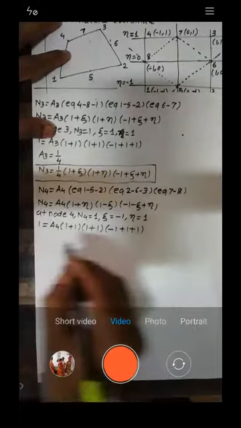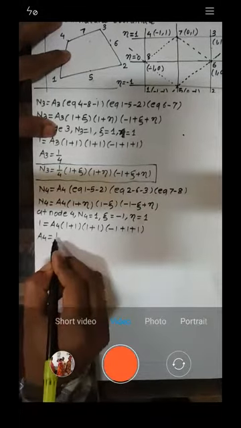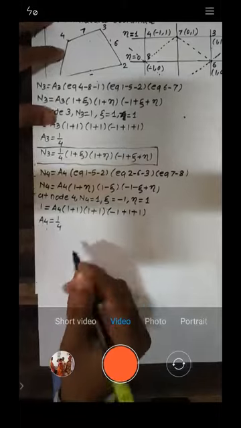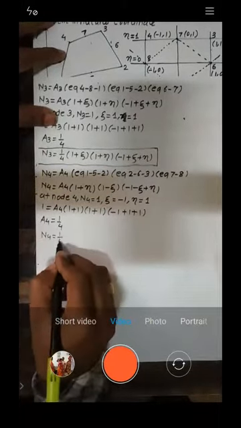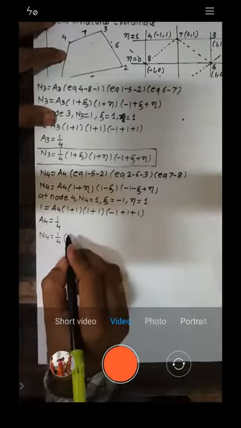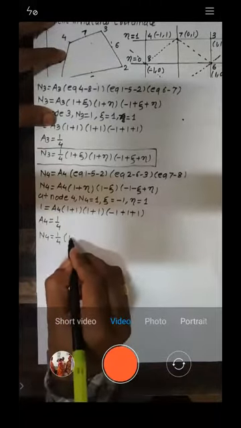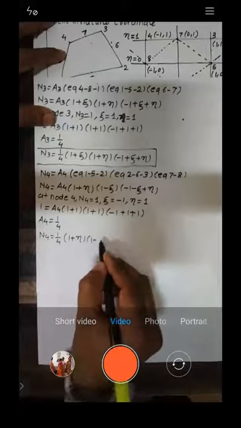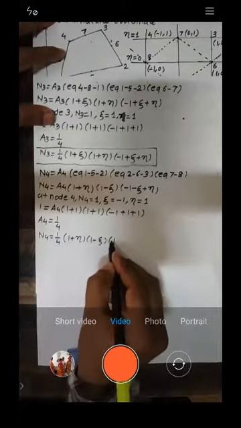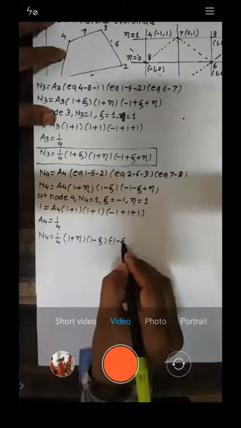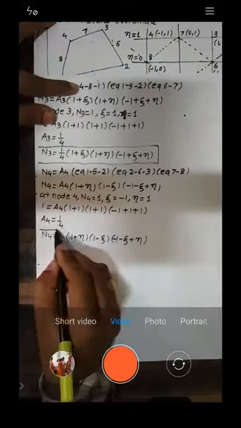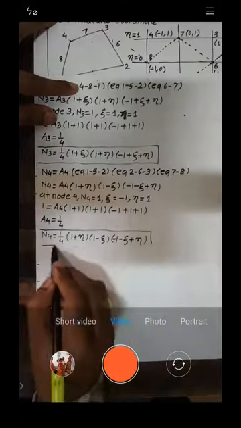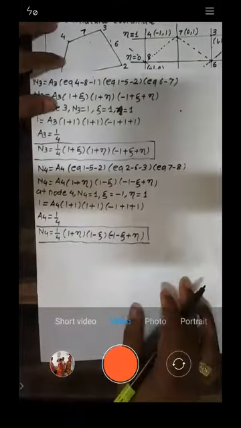So you'll get the value of A4 as 1 by 4. So I will write down N4 is equal to 1 by 4 into 1 plus neta, 1 minus zeta, minus 1 minus zeta plus neta. Is it okay to each of you? Yes, sir.